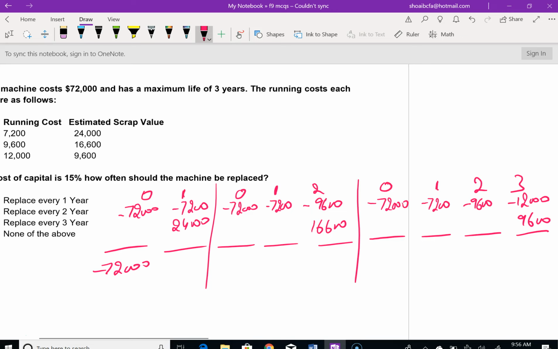So calculate the NPV of all these calculations.